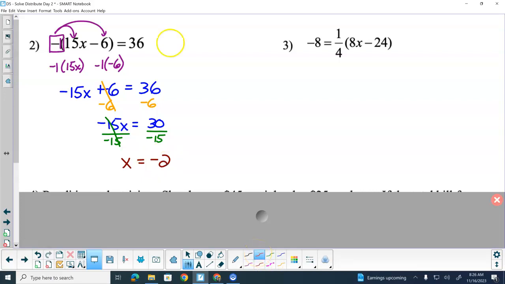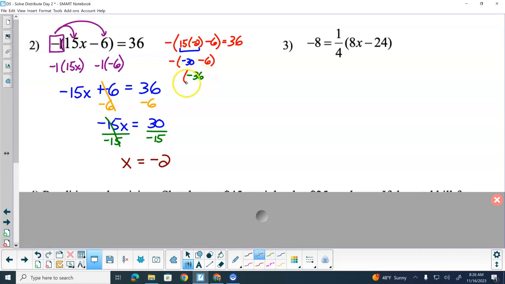So then we go negative of 15 times -2 minus 6, and that's got to be positive 36. 15 times -2, -30. -30 minus 6, -36.